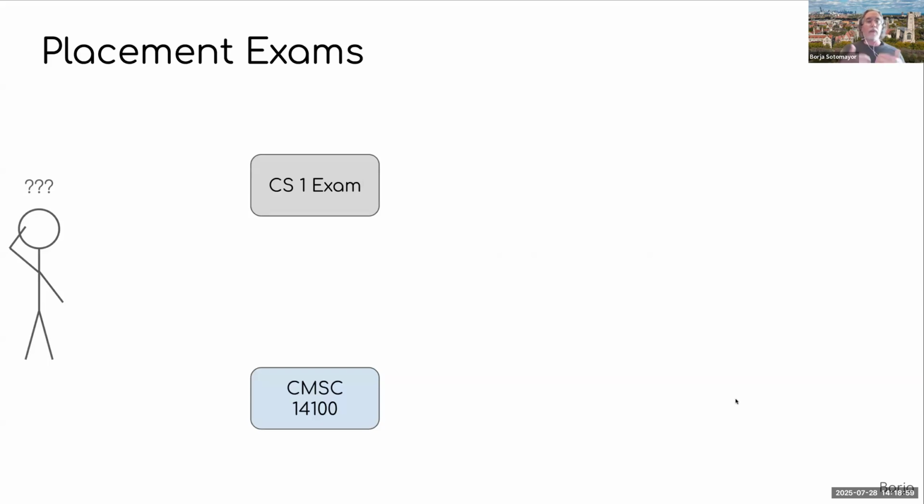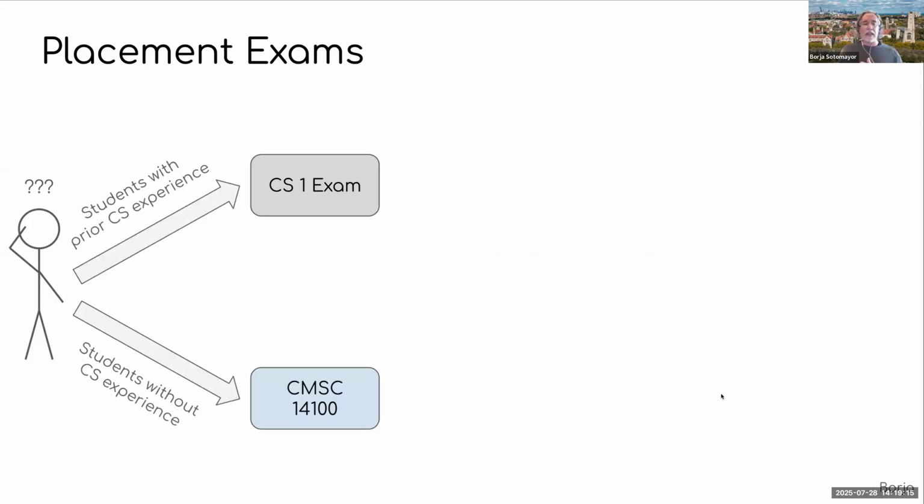So if you are joining the university as an incoming student, your first choice when it comes to the placement exams is, should I go into CS 141, which we've just talked about, or should I take the CS1 exam? So next slide. If you don't have any previous computer science or programming experience, you really should be going into CS 141.